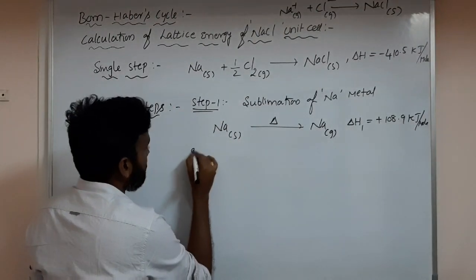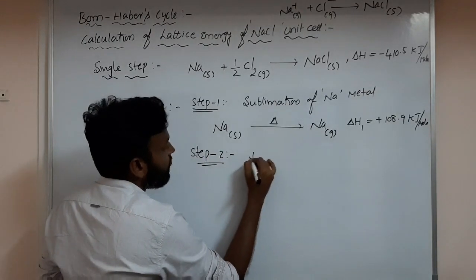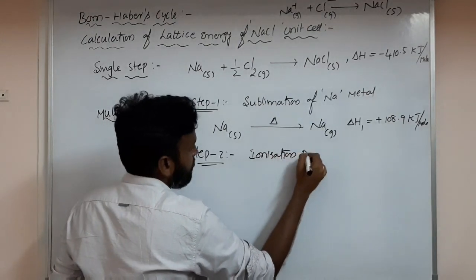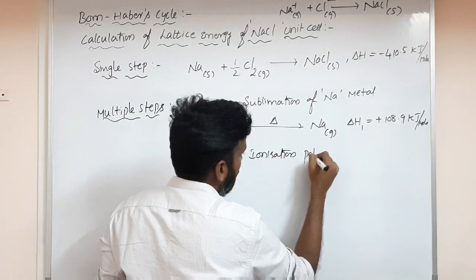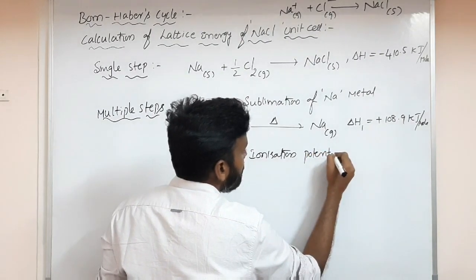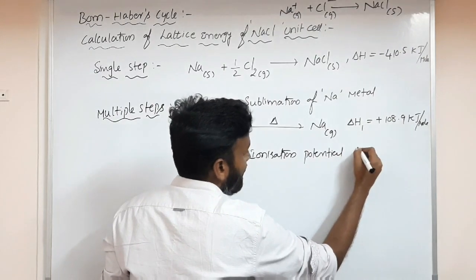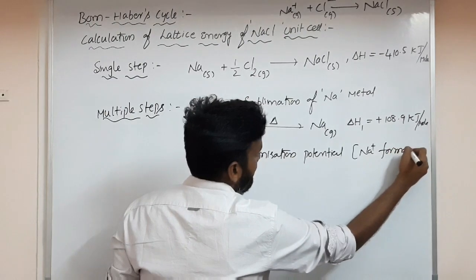Now step 2. What is step 2? Ionization of sodium. Ionization potential is required, which means Na plus formation simply.